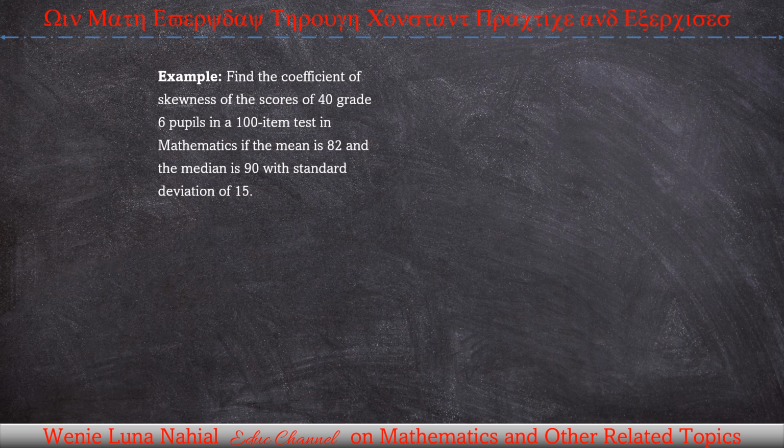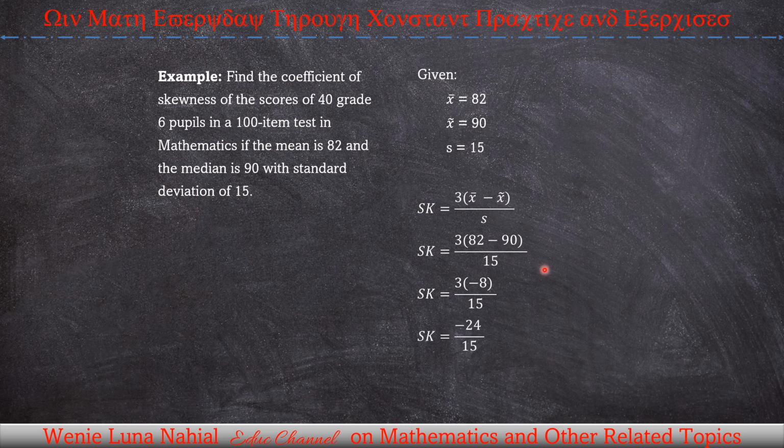Example, find the coefficient of skewness of the scores of 40 grade 6 pupils in a 100 item test in mathematics if the mean is 82 and the median is 90 with standard deviation of 15. Here, we have to use the formula sk equals 3 times the quantity, the mean minus the median, over the standard deviation. So we will have 82 minus 90, that is negative 8, times 3, that is negative 24.